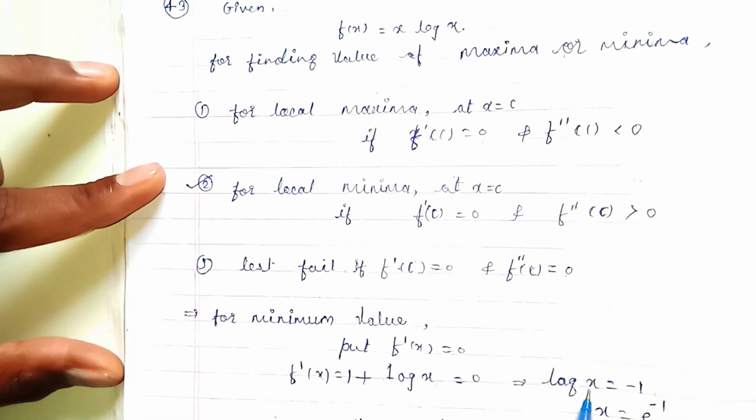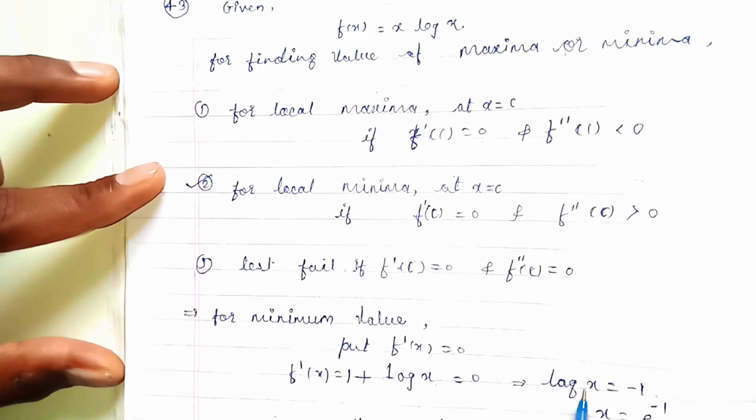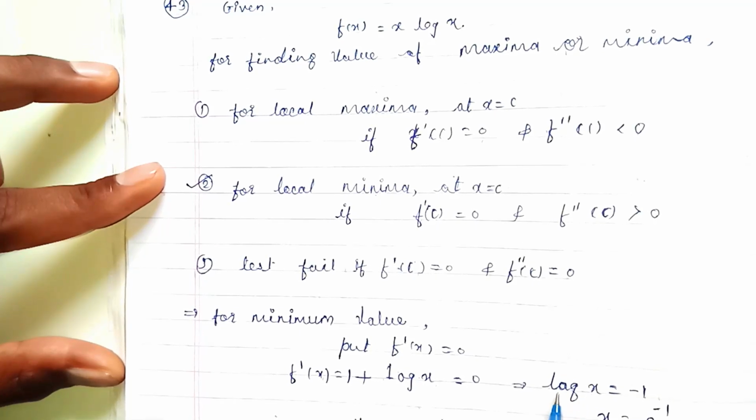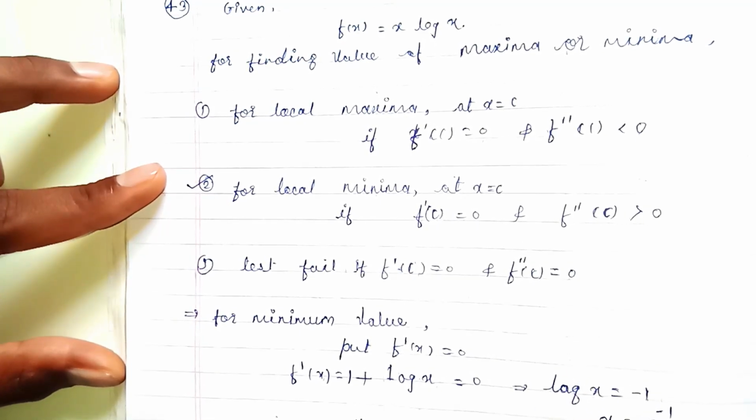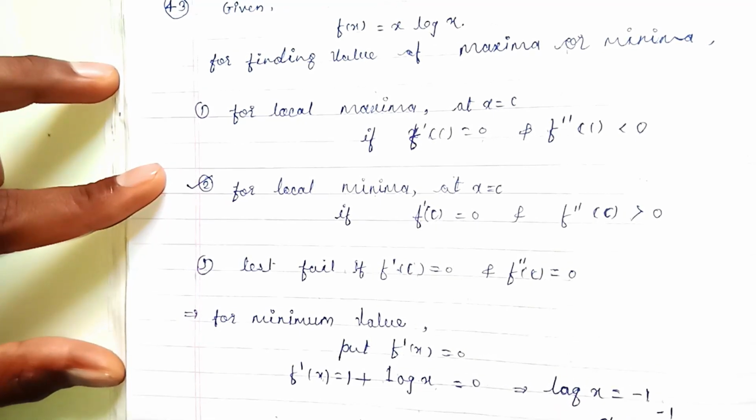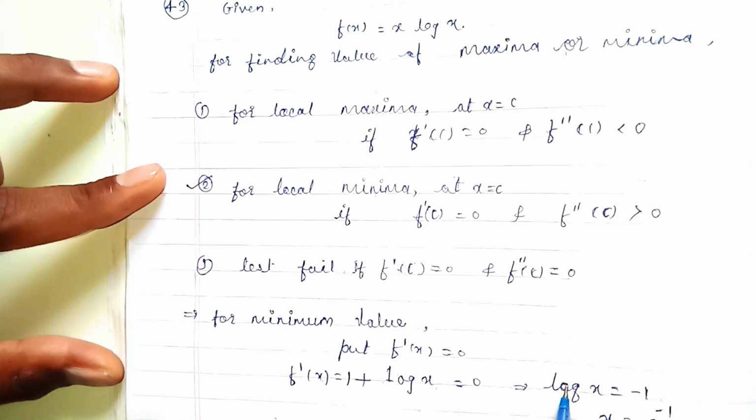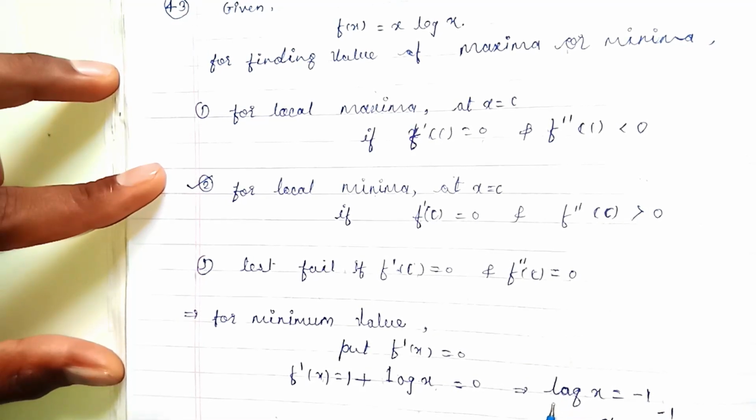And we want the value of x. For finding the value of x, try to remove that log. Once we get rid of the log, it's easier to get the value of x. We all know that to remove the log we have to apply the exponential term on both sides.